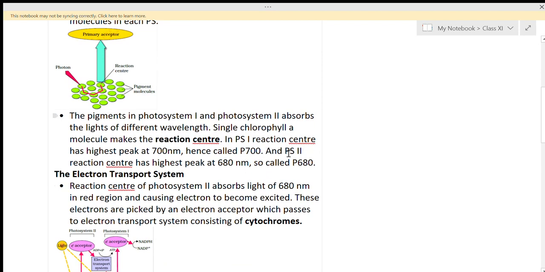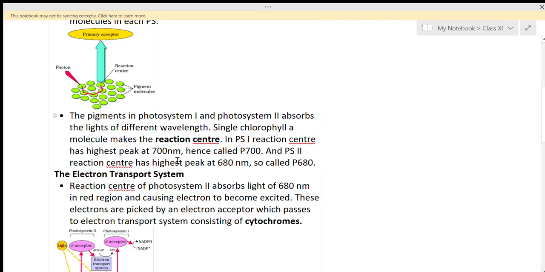Photosystem 1 has its highest peak at 700 nm. It means it absorbs 700 nm light, so we call it P700. In photosystem 2, the reaction center has its highest peak at 680 nm. It means it absorbs 680 nm wavelength light, so we call this P680.